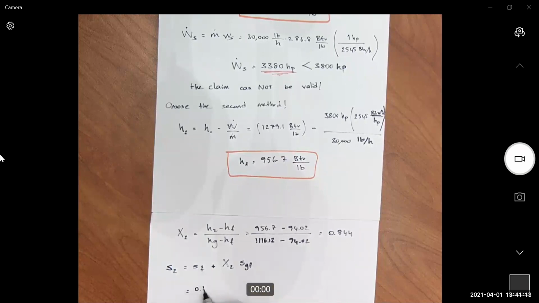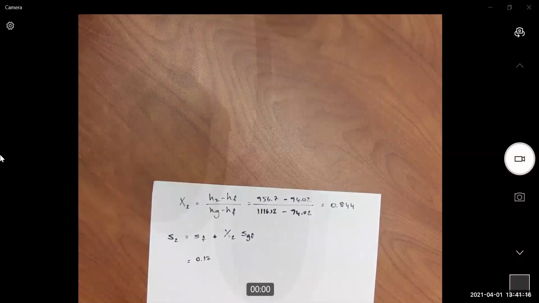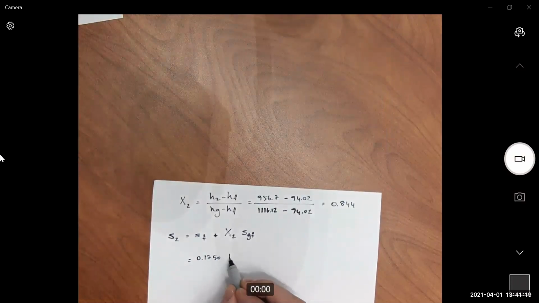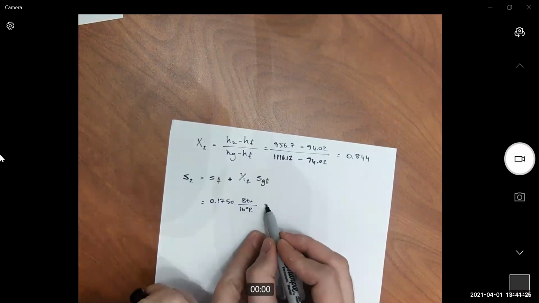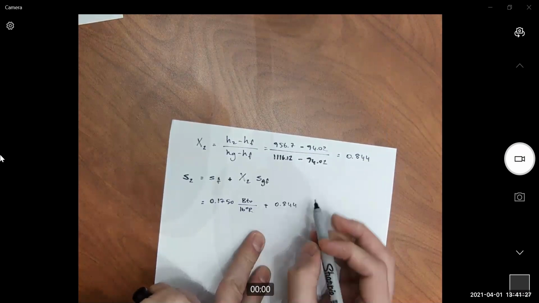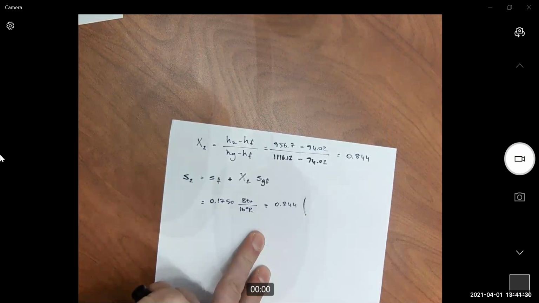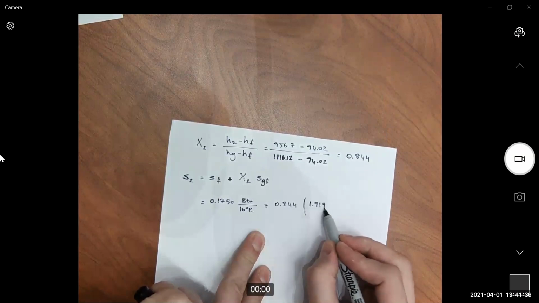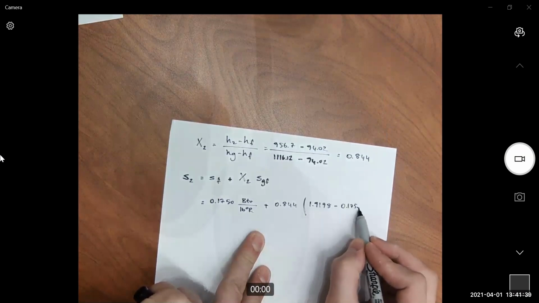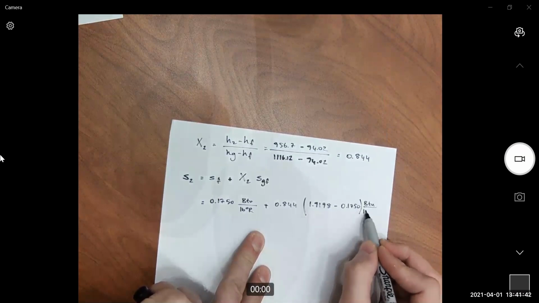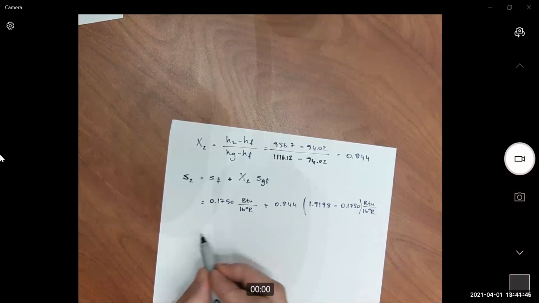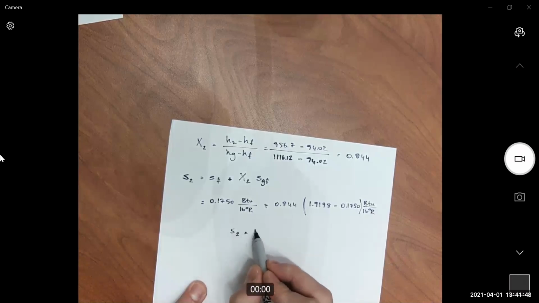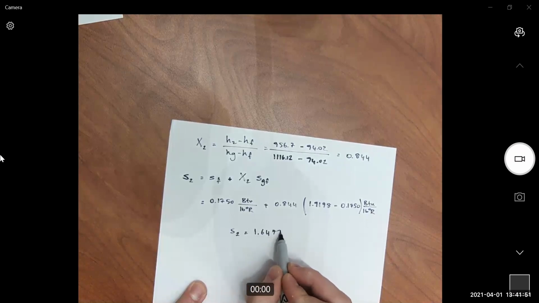SF is 0.1750 BTU per pound degree Rankine, plus 0.844 times the entropy difference, 1.9198 minus 0.1750 BTU per pound degree Rankine, and entropy at the exit is 1.6477 BTU per pound degree Rankine.